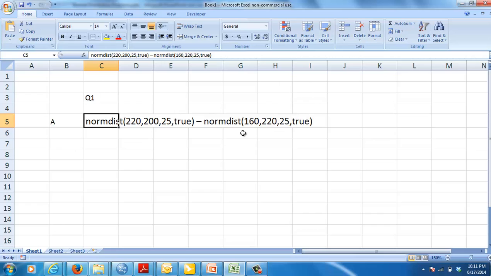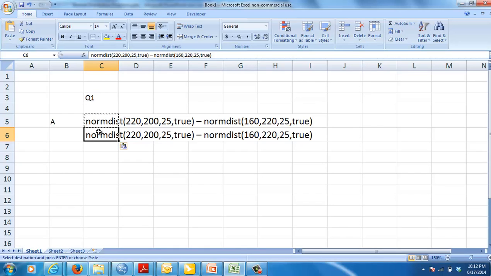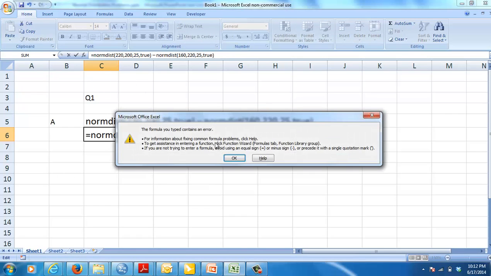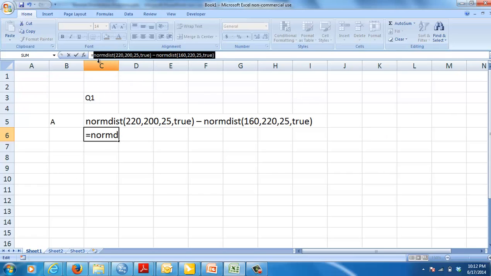I'll copy it again and paste. If I put an equal sign in front of this, you'll see what the answer is, if you don't get an error first. Norm dist 220 true minus norm dist 160 true.